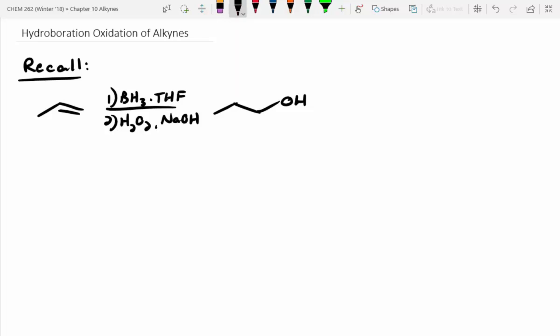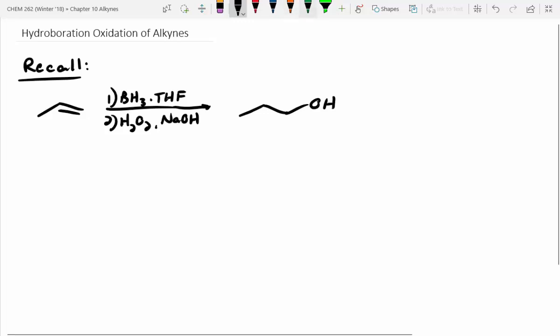In fact, I'm going to extend this out a bit more. Okay, so just like we saw last term, this borane will dock onto the less substituted carbon, and eventually after the full oxidation process, the borane will be swapped out for an alcohol. So let's take a look at alkynes.